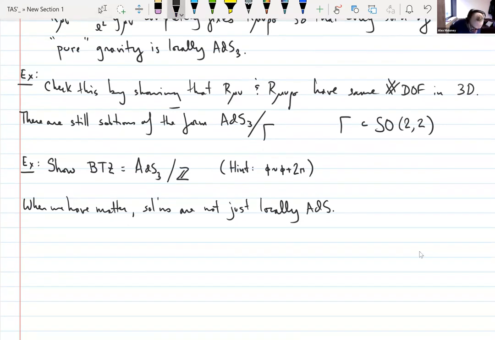So in particular, pure gravity, that is to say just general relativity, is more or less a topological theory.